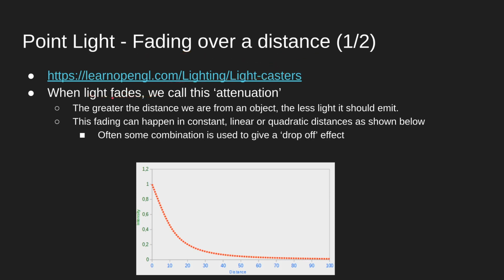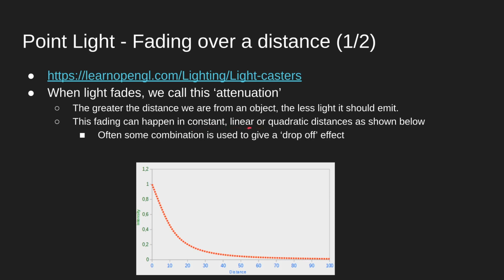Okay, and this fading of light is called attenuation. So the greater distance we are from an object, the less light that object should emit. There are different ways to model this attenuation for how light fades. Some folks say it's just a constant, a fixed brightness if you're within a certain range, almost like a very bright spotlight.